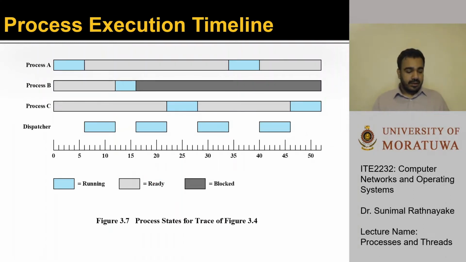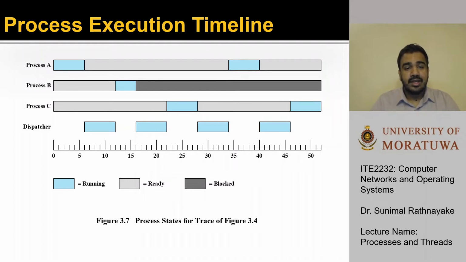Here is a depiction of 3 processes taking turns on the processor. On the timeline, you can see the dispatcher comes into play once in a while. Process A runs for some time, and then it goes to the ready state. Process B is then brought into the processor by the dispatcher, and it is blocked after some time.